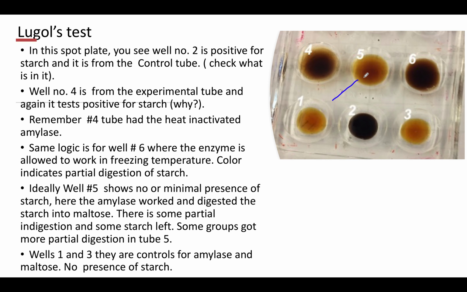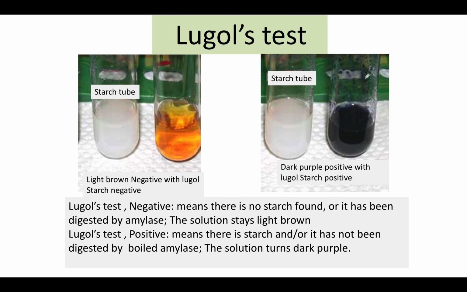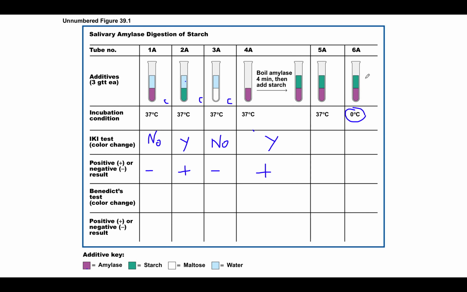Here, this is very similar to this, so it means that there is starch digestion and almost no color change. So starch is negative. No color change, and it's negative.